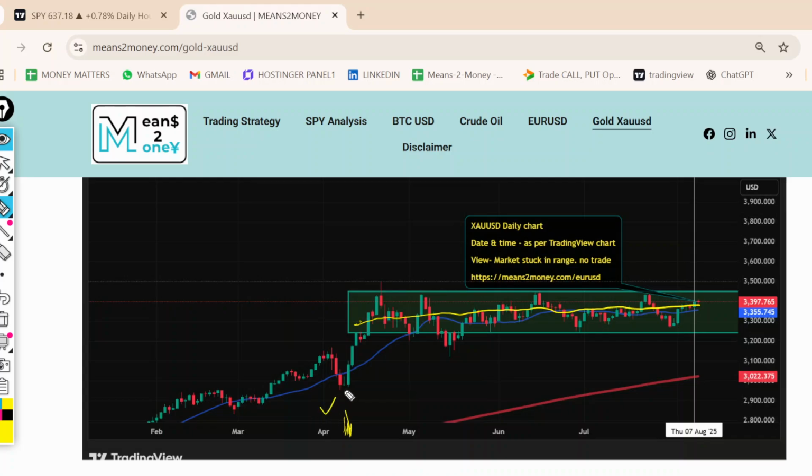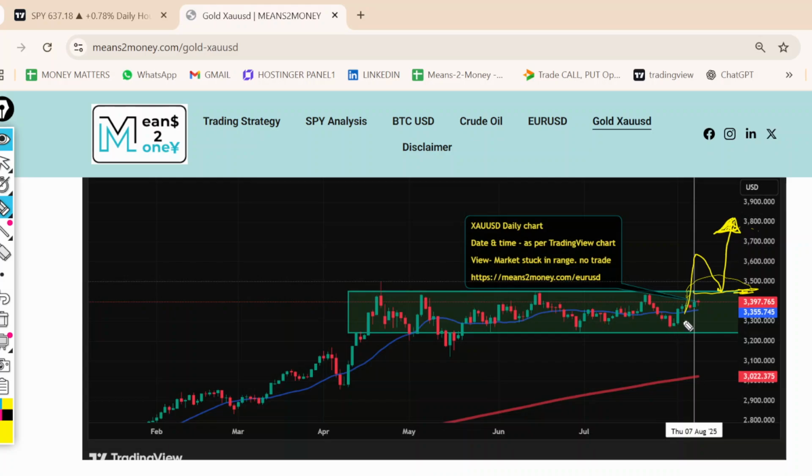So April, May, June, July, August, around 5 months it is in a sideways market. Now once it crosses this horizontal support resistance line, it can take a support here and it can go in the long side. It can go up, it can go bullish.